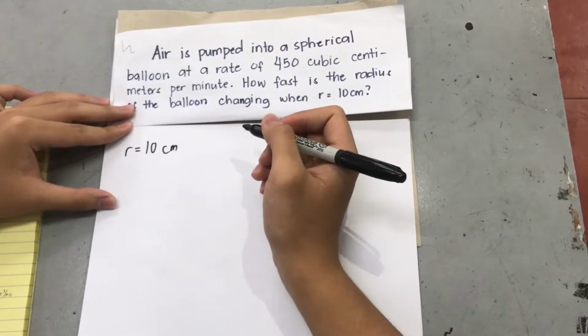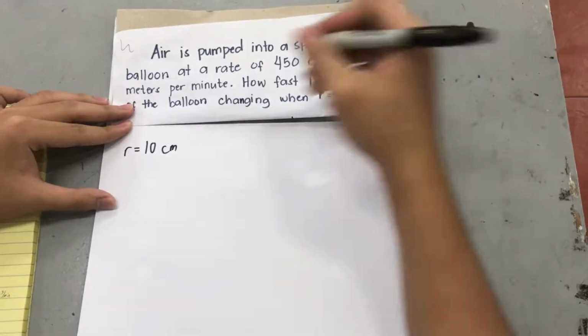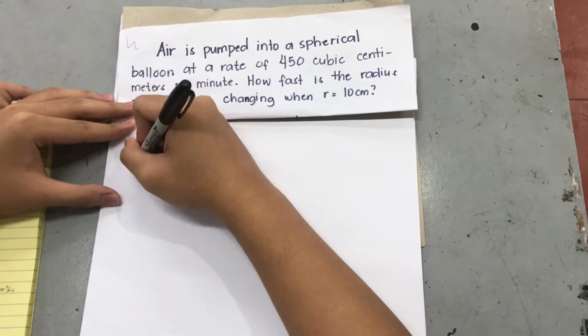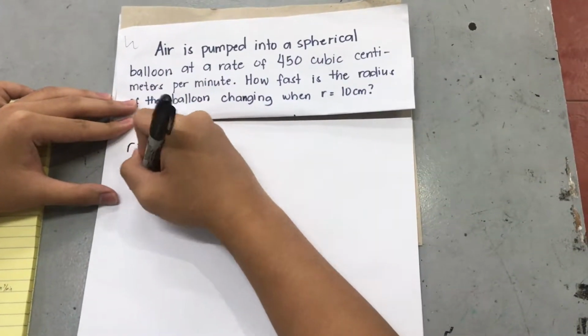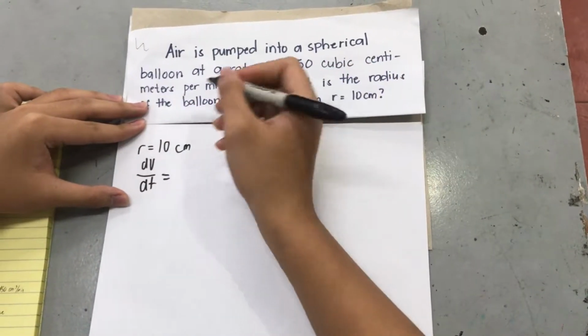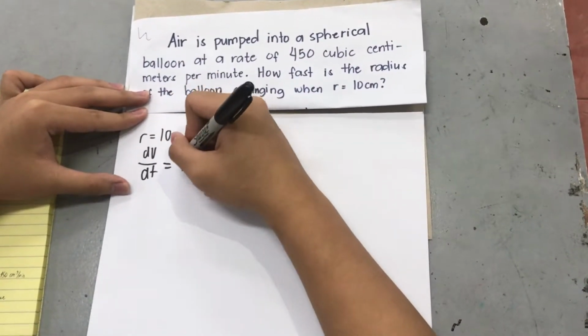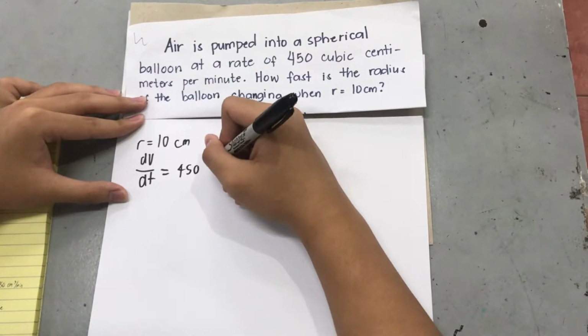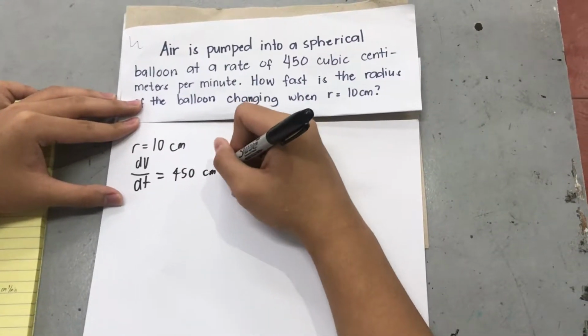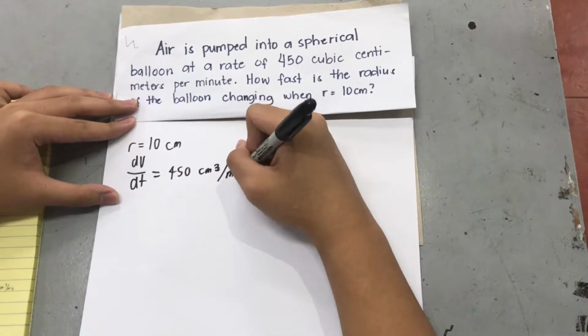Since it's cubic, it is associated with volume, so let's represent it as dV over dt. Since the unit is cubic centimeters per minute, it's volume over time. So let's rewrite it as dV over dt equals 450 cubic centimeters per minute.